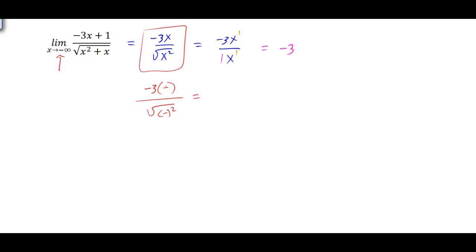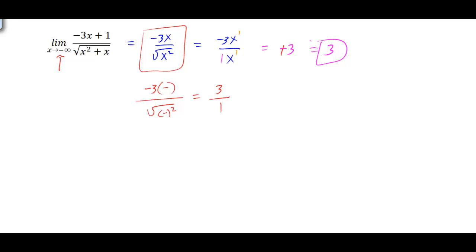So on the top, the two negatives make it a positive 3. And if you square the negative on the bottom, that's also going to be positive. So we end up with 3 over 1. So therefore, this is going to turn out to be equal to a positive 3 for your limit.